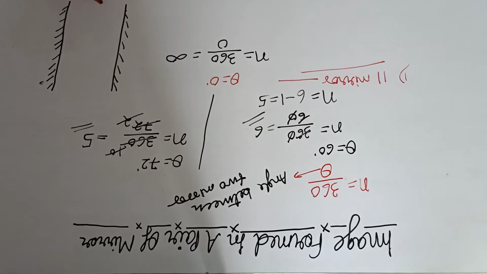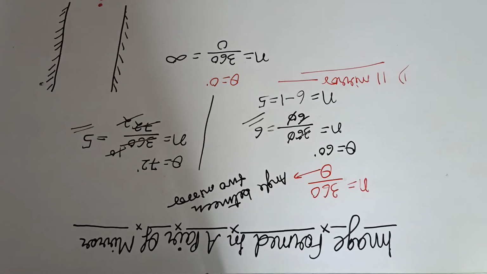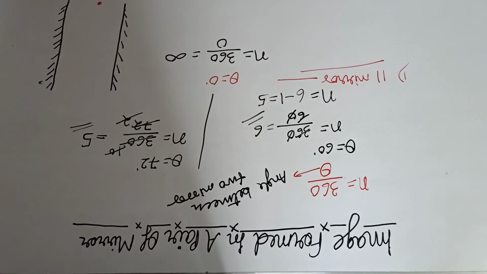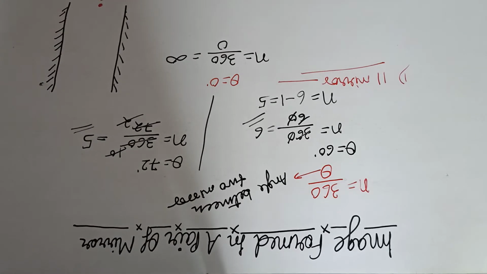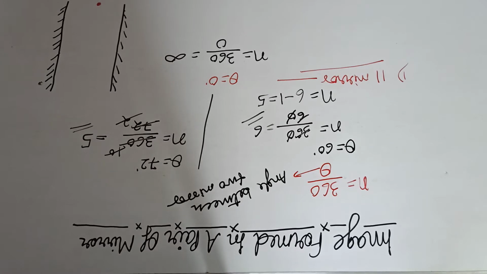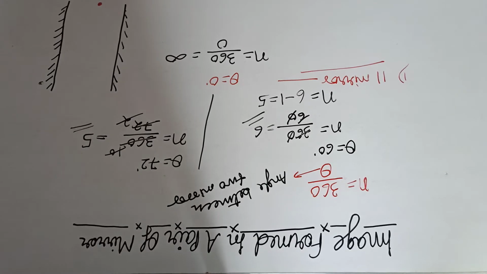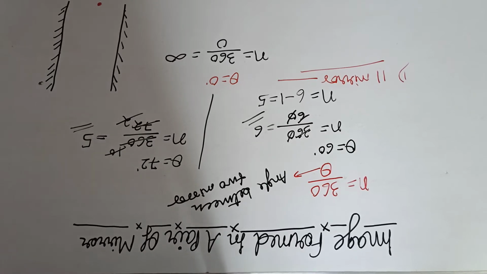The object O is placed between the two plane mirrors. As I explained in the previous part, an image cannot be formed by taking a single ray. So for the formation of an image, at least 2 incident rays are required.